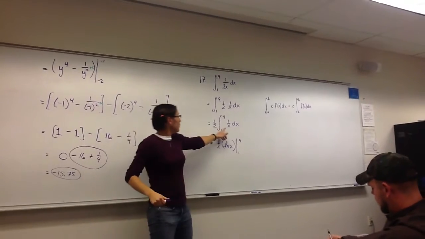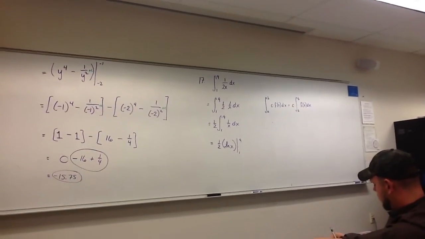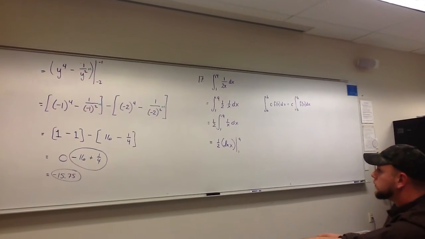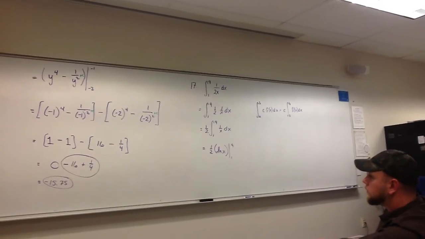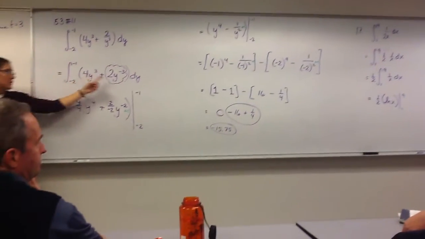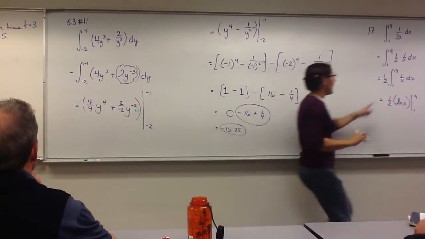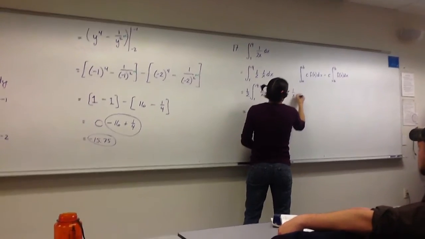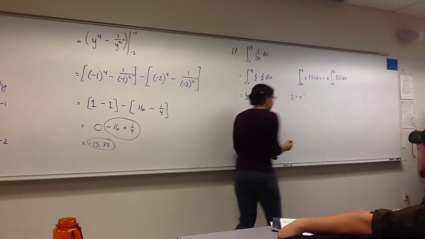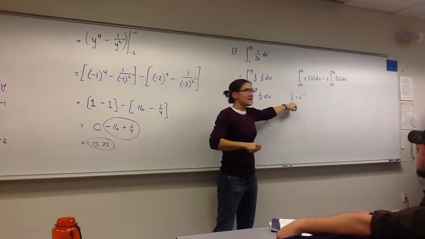Over here, when I had 2 over y cubed, my recommendation was to immediately rewrite that as 2 times y to the negative 3, and then we can use the power rule. Over here, I did not immediately say, let's rewrite 1 over x as x to the negative 1. And the reason for that is because this is the one exception to the power rule.